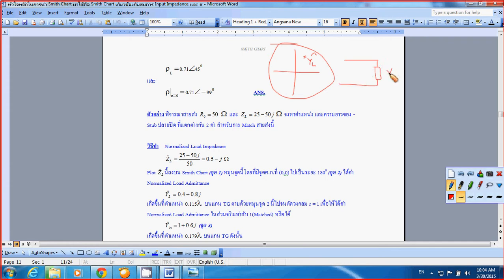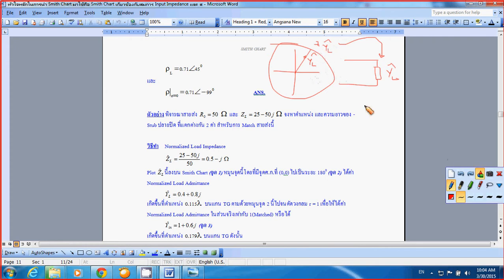This is your YL normalized, and you take the reference point here. This is your lambda of YL normalized. That means you have the reference point at YL normalized to be whatever lambda you have here.